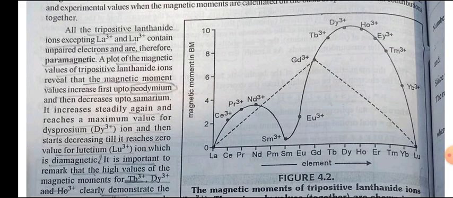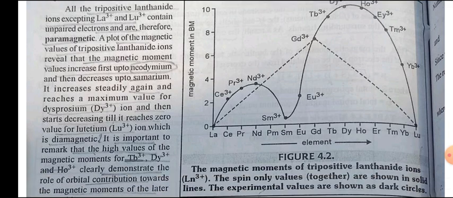A plot of the magnetic values of tripositive lanthanide ions reveals that the magnetic moment values increase first up to neodymium and then decrease up to samarium. It increases steadily again and reaches a maximum value for the dysprosium ion and then starts decreasing till it reaches zero value for the lutetium ion, which is diamagnetic.